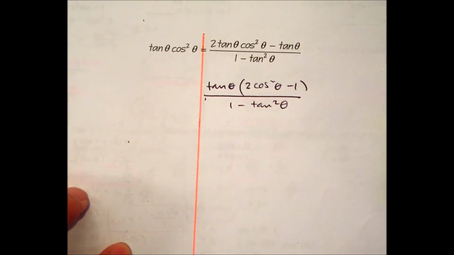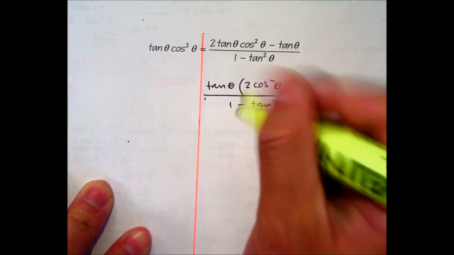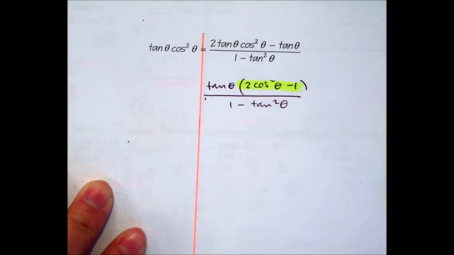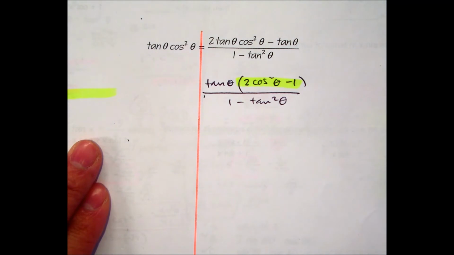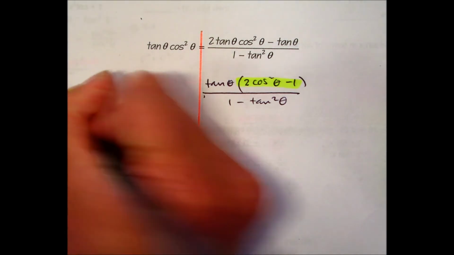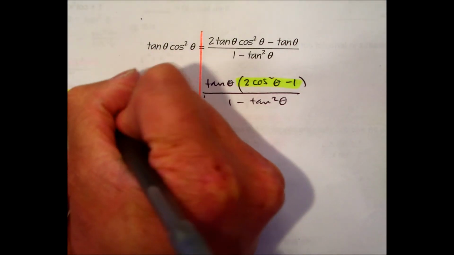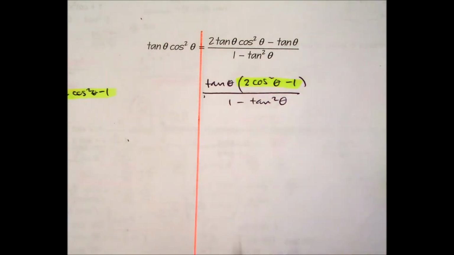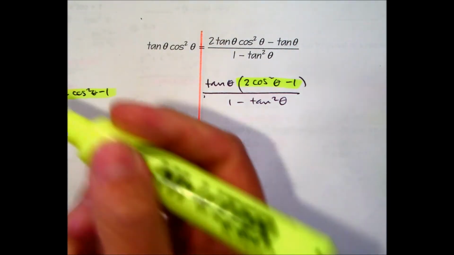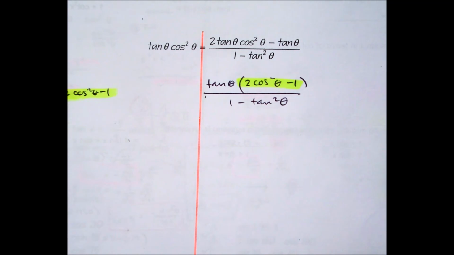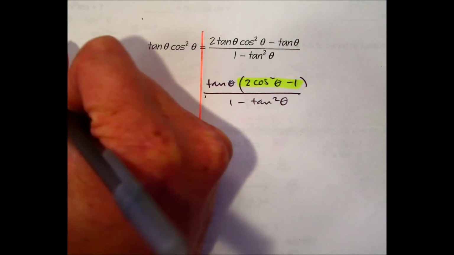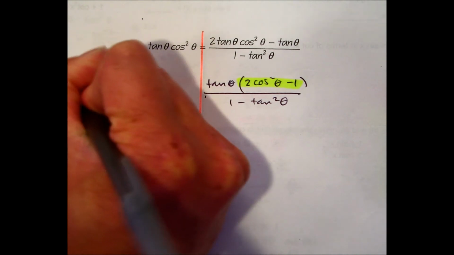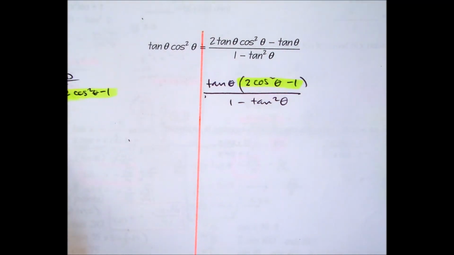Oh, look at that one. Tell your partner, which identity is that? On count 3, 1, 2, 3. We just learned that. That's the double angle identity of cosine. You see it?